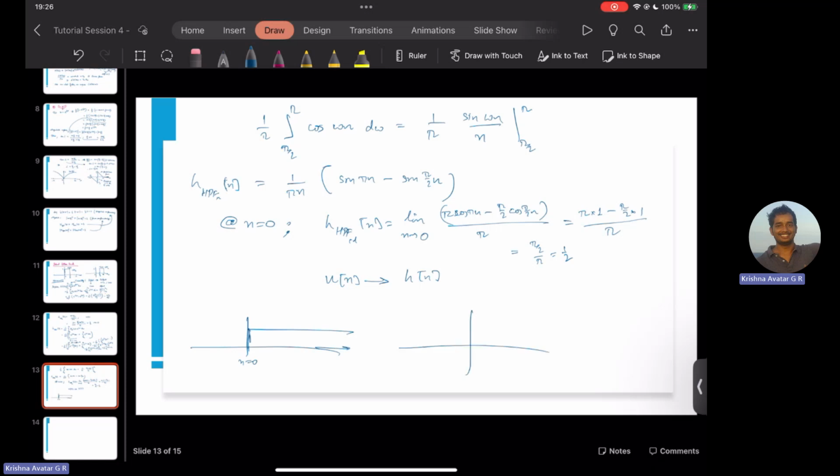However, h of n has a value all across. So it's non-zero everywhere. It means that there is output even before the input. That is the reason it is non-causal in nature.